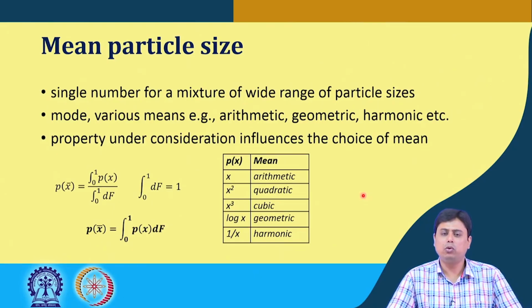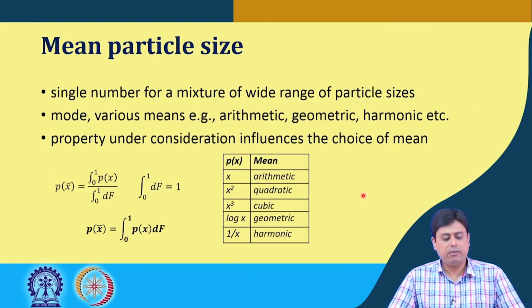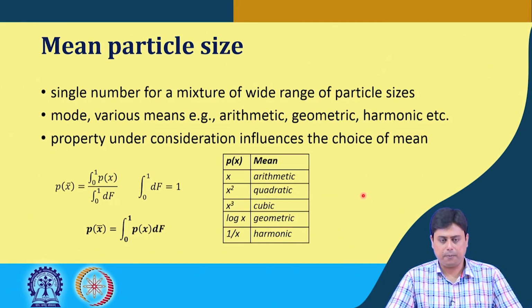The example of mode we have seen. There can be various means, like the arithmetic mean, which we simply obtain by averaging. There can be geometric mean, harmonic mean, and so on. There are several statistical means available to find the appropriate representation of that sample by a single number.